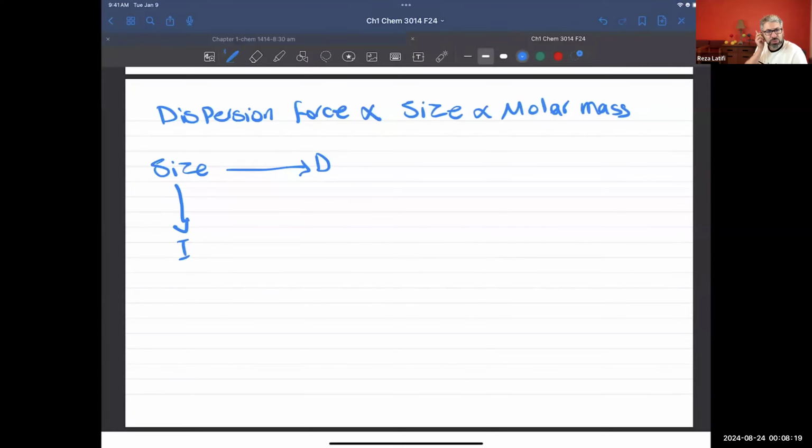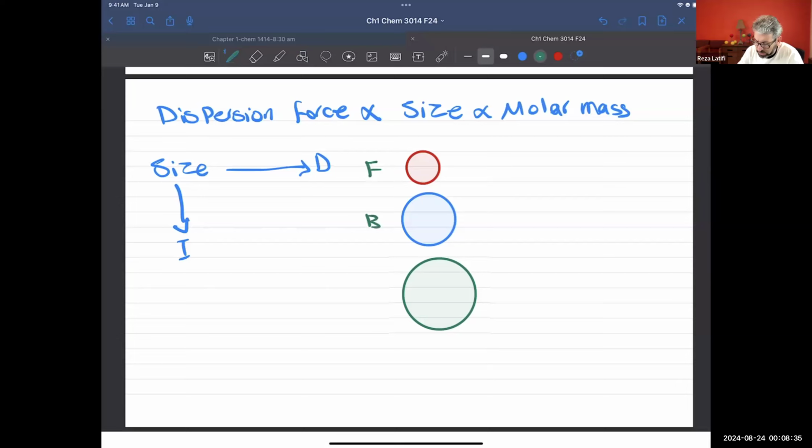For example, we have fluorine, then chlorine, and bromine. As you go down, molar mass is getting bigger, and the size also gets bigger.